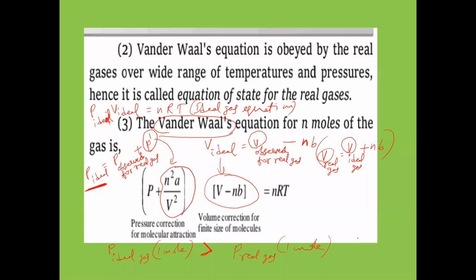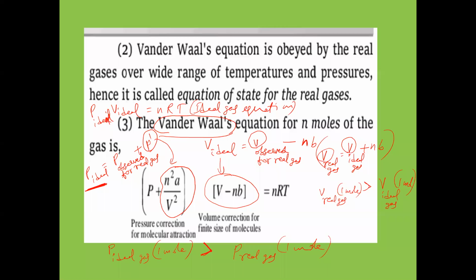Now, if you take 1 mole of real gas and 1 mole of ideal gas, which volume is greater? The volume of real gas is equal to the volume of ideal plus some correction value. So V real is greater.